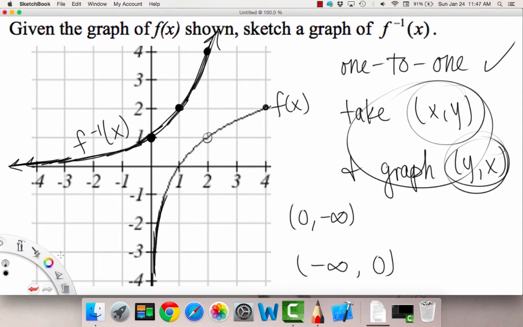What we end up with is a reflection of our graph across the y equals x line, okay? Isn't that neat? It's pretty symmetric, right? You could fold the paper or fold the screen on that dashed line that I just drew, and our graphs would match up. So anyways, that's kind of an interesting phenomenon that occurs with functions and their inverses.